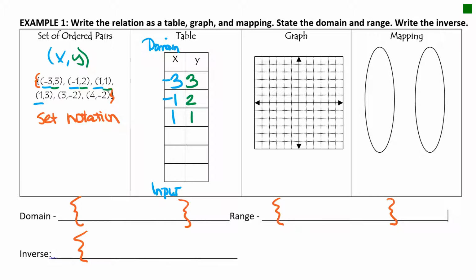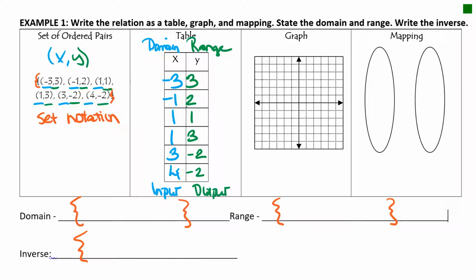I have another x of 1, and this time it pairs up with a y of 3. I have another x of 3, and it has its little match. Its output value is -2. And an x of 4 gives me an output of -2. So the y values, remember, can be called the range, or they can be called the output.